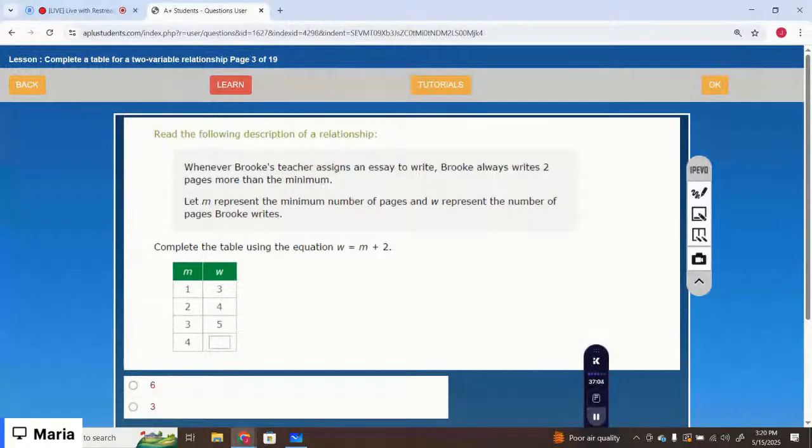Complete the table using the equation W equals M plus 2. So what is the missing value?